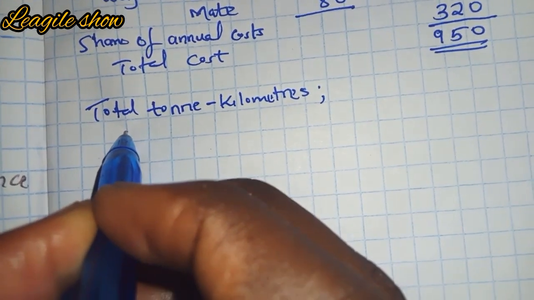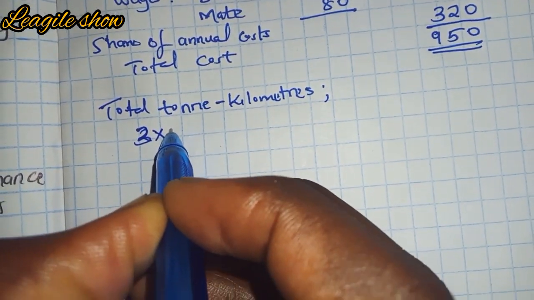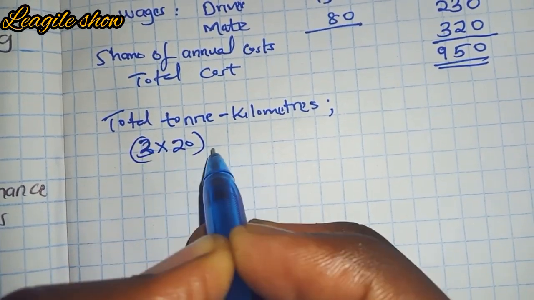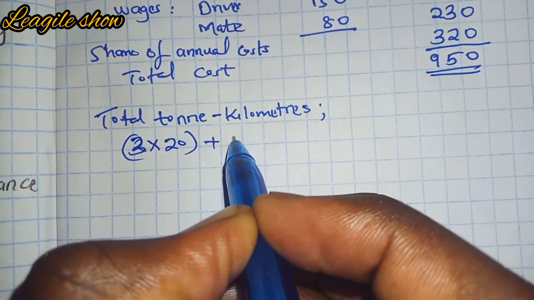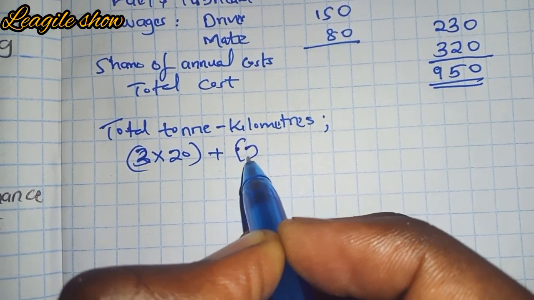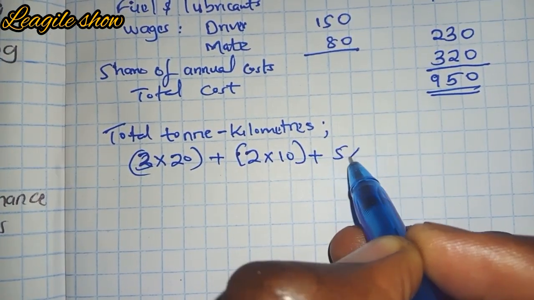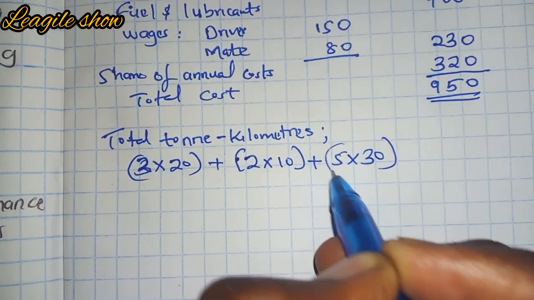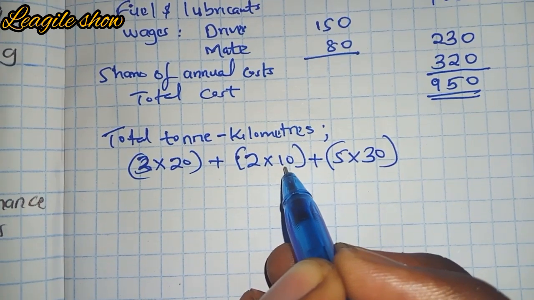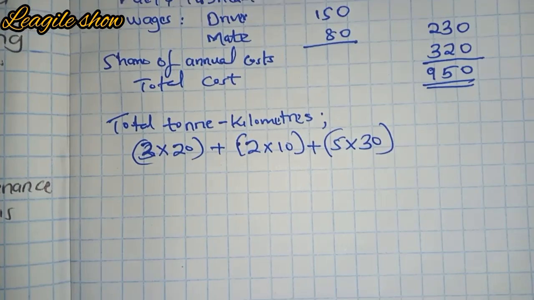So ton kilometer, first it is 3 tons times 20. We add the second part, 2 times 10 kilometers. We again add the 5 tons for the remaining, which was 20 plus 10, 30. Then the total distance was 60, so subtract the 30, you get 30.